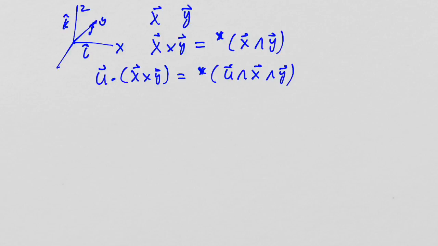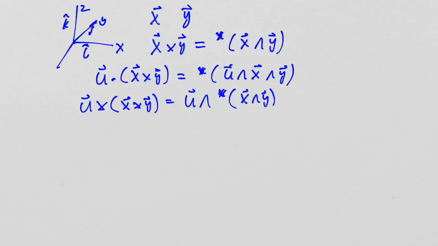And there are more sophisticated ones. I can say u cross x cross y, and that one is u wedge Hodge dual of x wedge y.